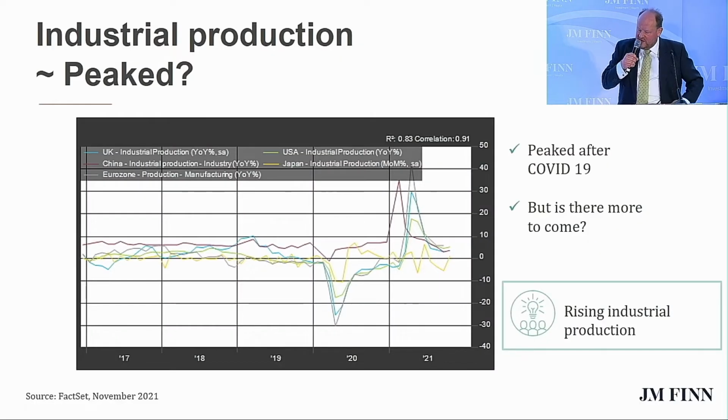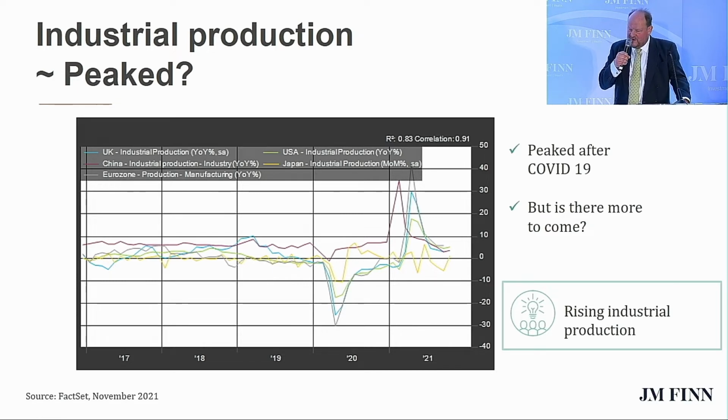Industrial production, again, we had this post-COVID boom in industrial production as we came out of the recession. We've pulled back from this peak, but it looks to me very much as if we are finding stability at levels which are elevated over and above what we were seeing in the normal conditions, if you like, of 2017, 18 and 19.